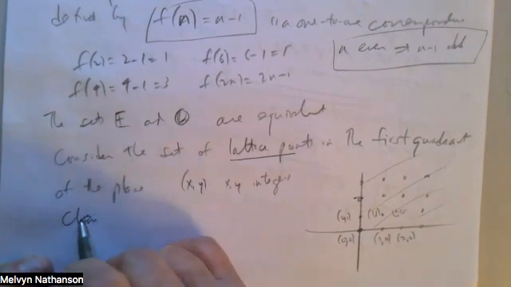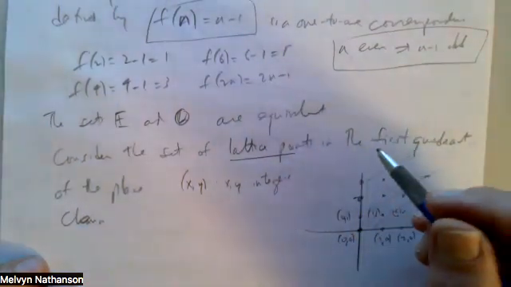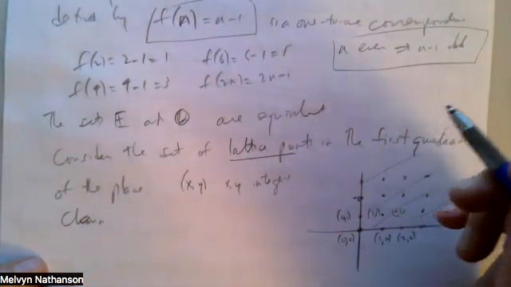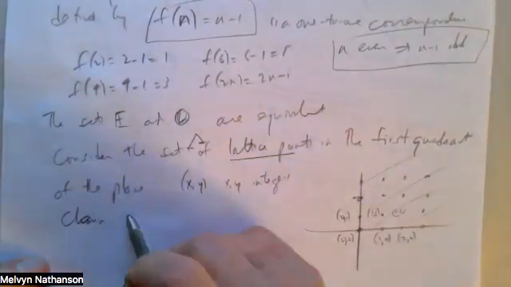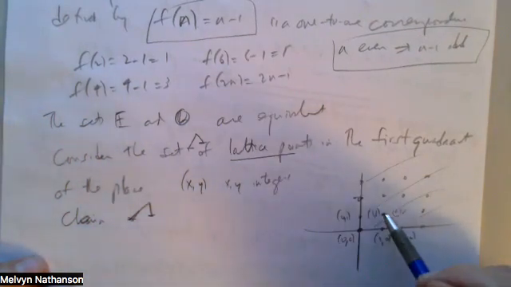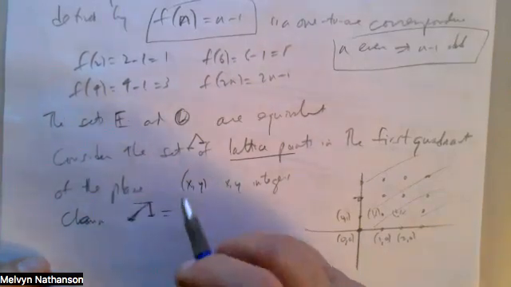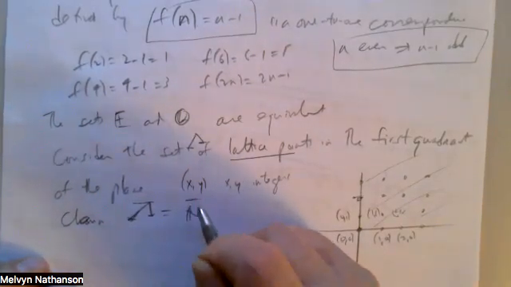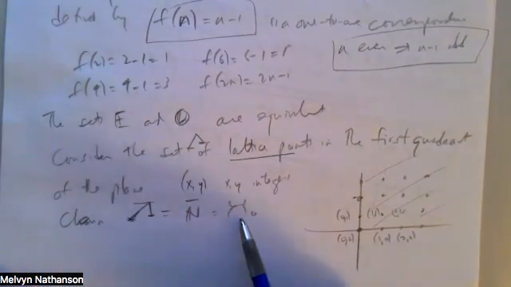And I claim, so let's call this, I'll use a Greek letter lambda, I claim this set of non-negative integral points in the plane, lambda, has the same cardinality as the set of positive integers, which is denoted by aleph naught.